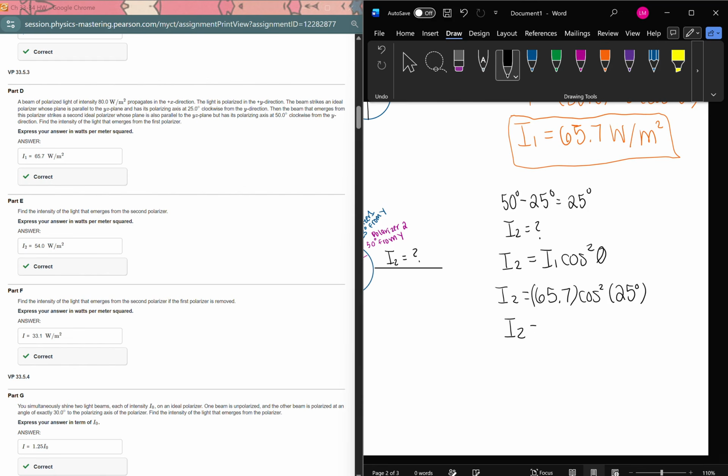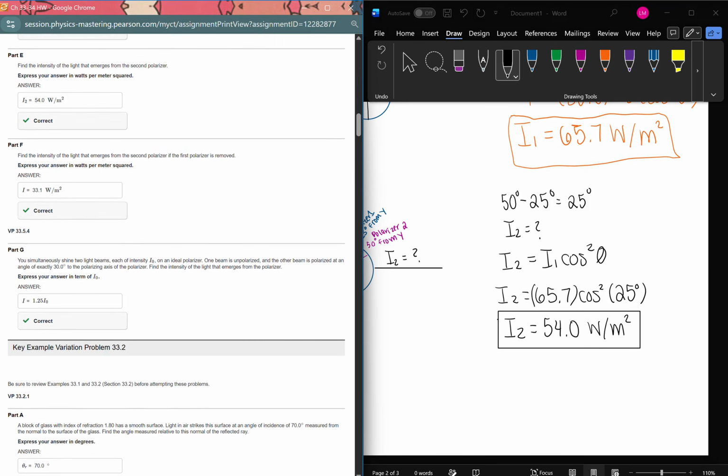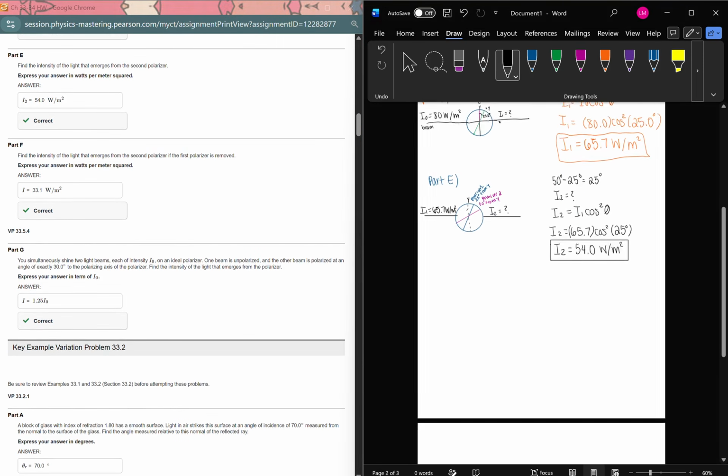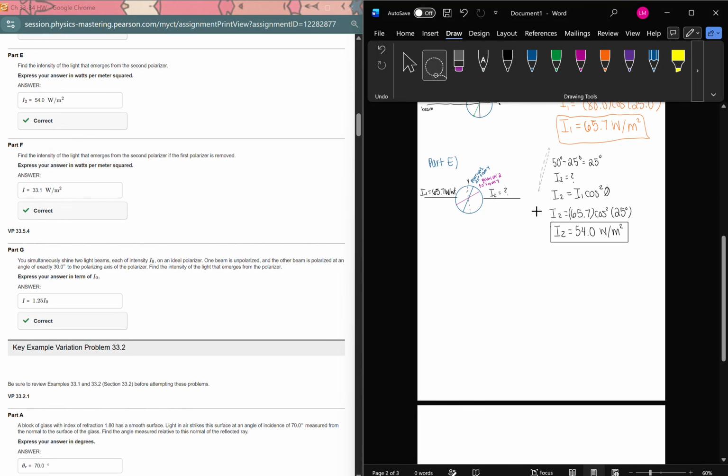Let's round that, and that will give me 54.0. Oh, not degrees, sorry. This is intensity, so watts per meter squared. Okay, so the intensity after the second polarizer is going to be 54.0 watts per meter squared. Now let's do part F. Let me put this up.